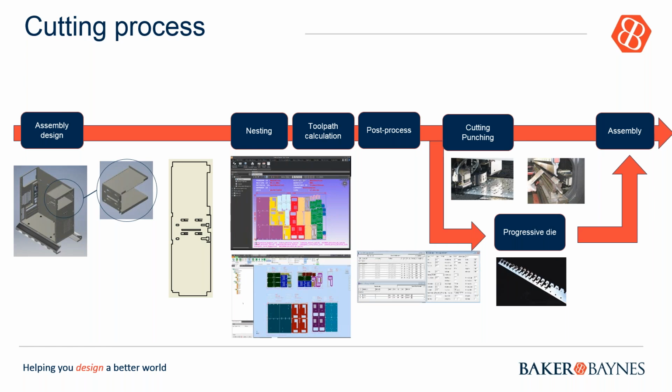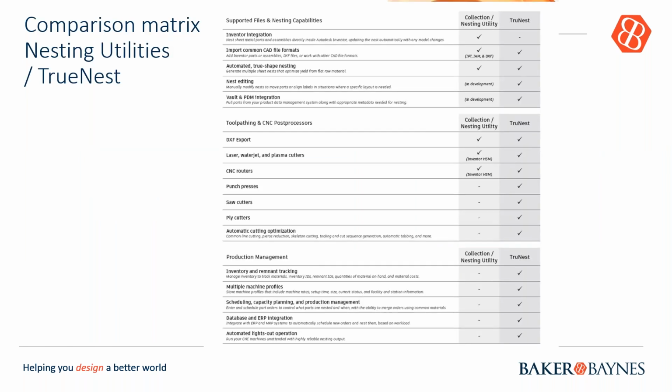So let's have a look at the differences between Autodesk TrueNest and the Inventor nesting utilities. Now, there is quite a bit of difference between the two, and this is a bit of a comparison matrix. If we look at it here, we find that Inventor integration is available in the nesting utilities in the collection and not available in TrueNest.